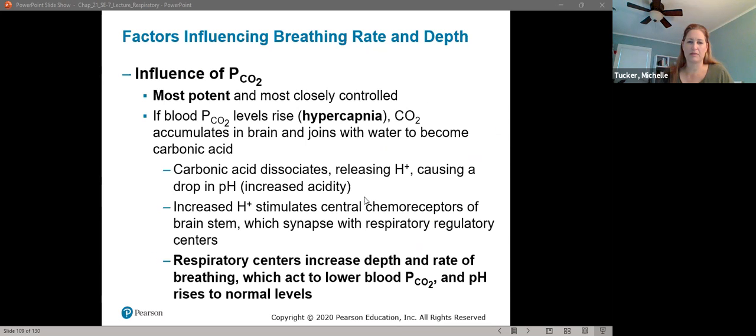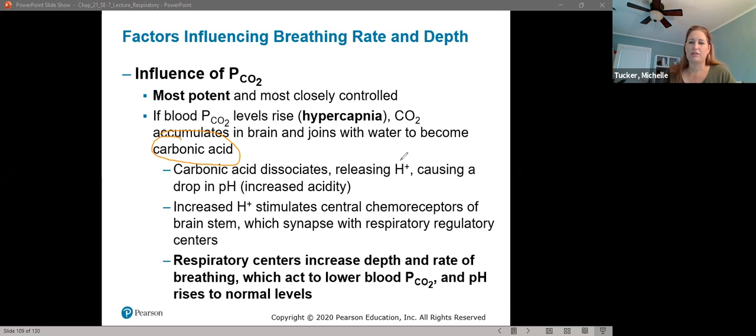Okay, so we talked about chemoreceptors. So why is carbon dioxide such an effective agent? The reason is, our cells are metabolically active, they produce carbon dioxide. Your plasma has water, right? And so carbon dioxide and water combine to form carbonic acid, H2CO3.